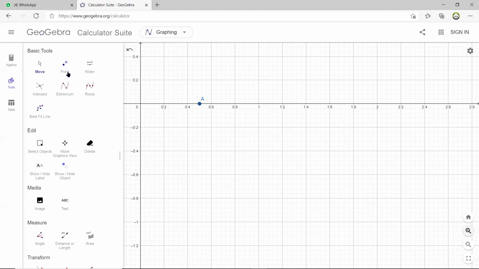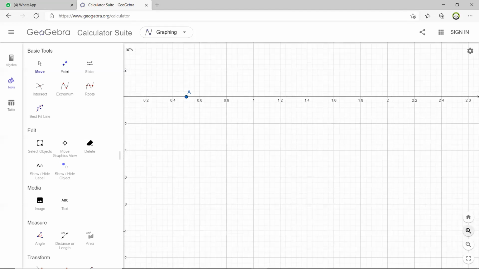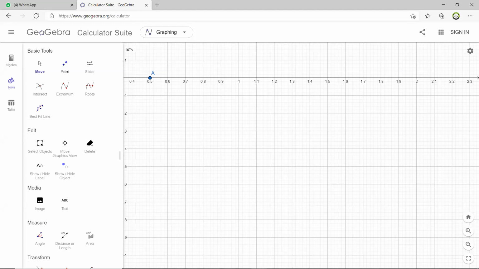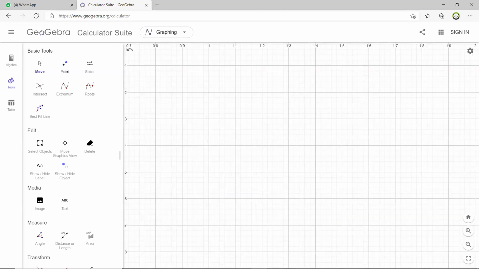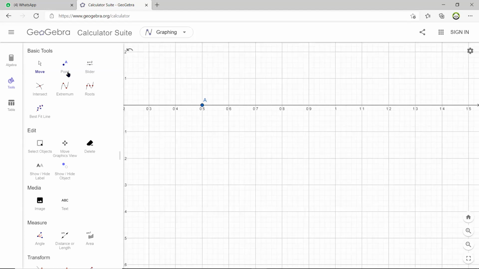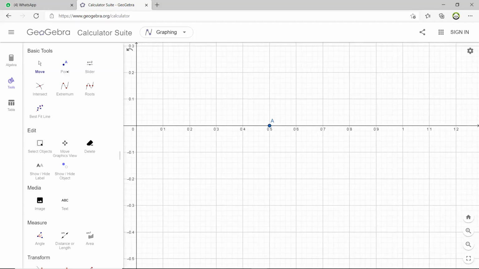All right. So 0.7 is over here, so 0.75 is going to be somewhere over here. Are you able to see my cursor? So this is 0.75.